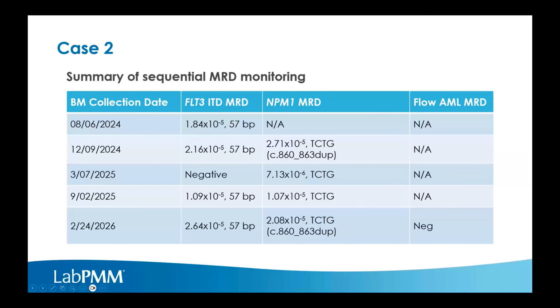So we can see again the good concordance between these two tests. And this time the flow cytometry was negative, but by molecular, these two were positive. You can see the sensitivity by NGS for this group of AML is greater than flow cytometry.